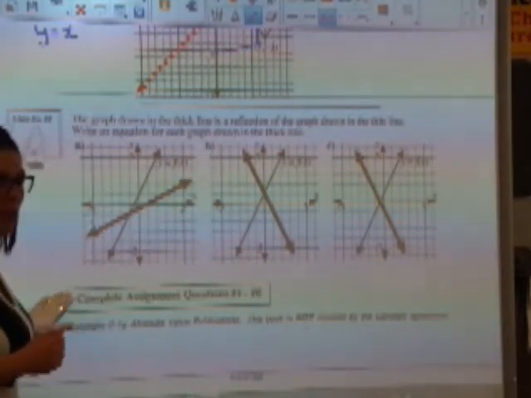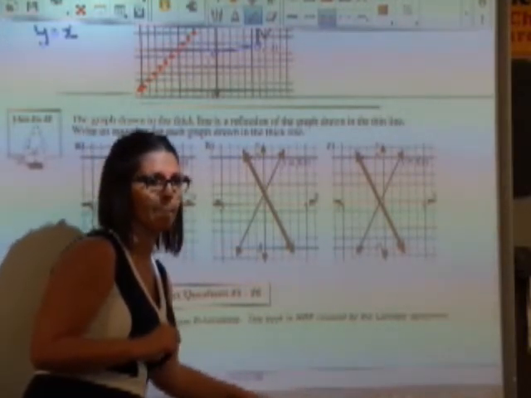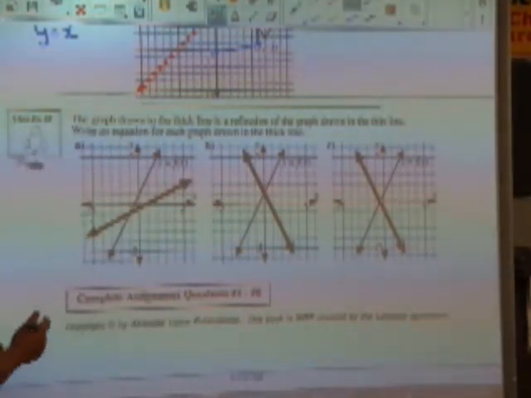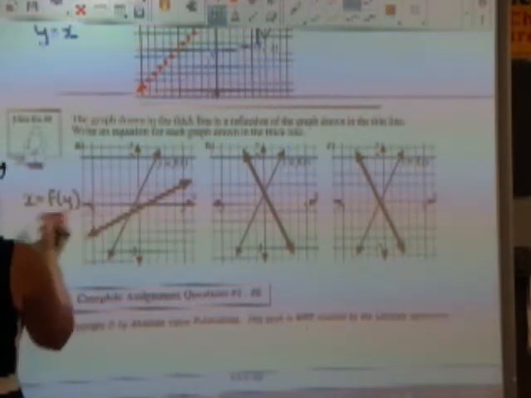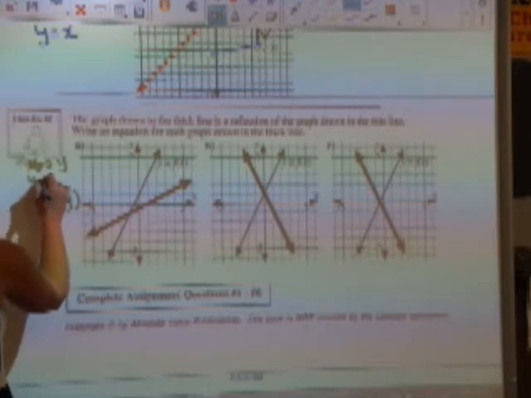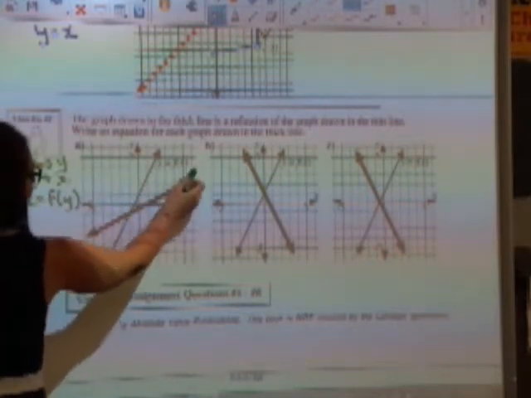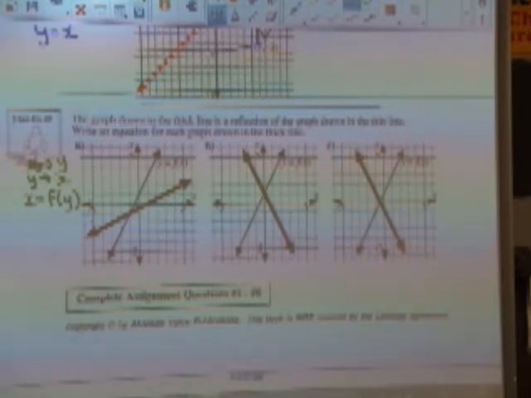And is it reflecting in that way? So then what's my new equation? X equals f of y. Because my replacement is I replaced x with a y, and I replaced y with an x. So in this equation, y becomes x, and x becomes y.